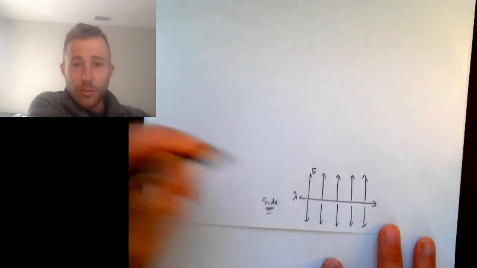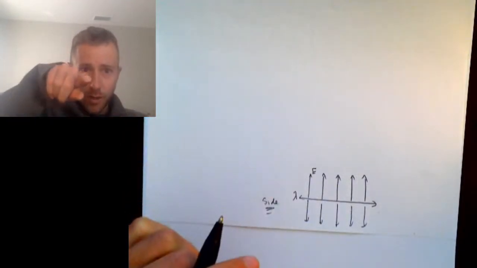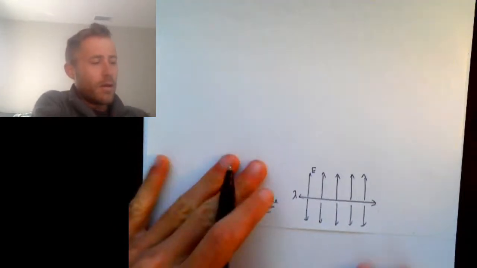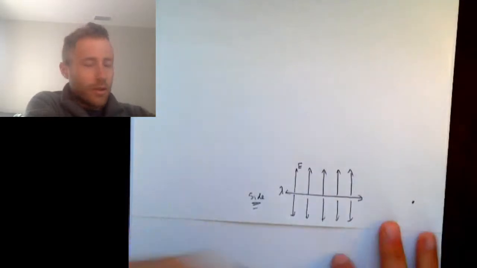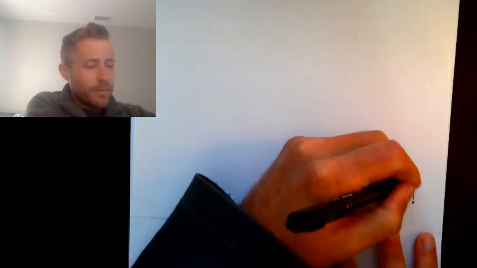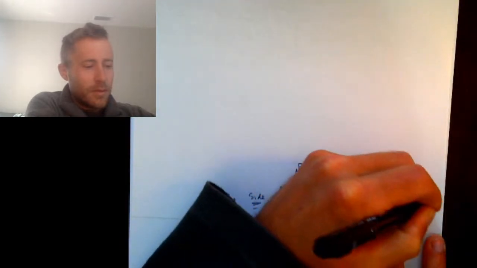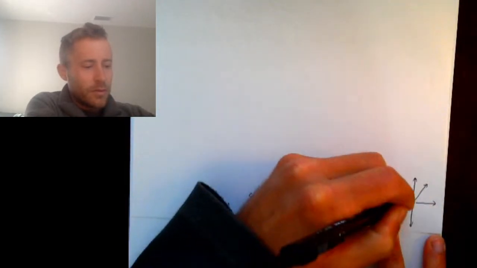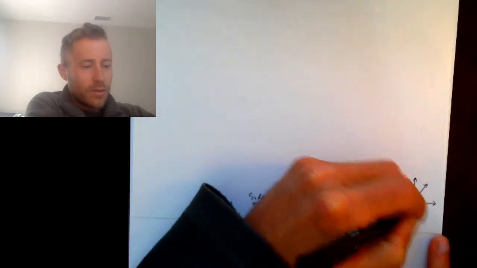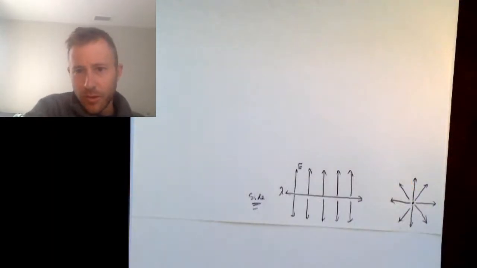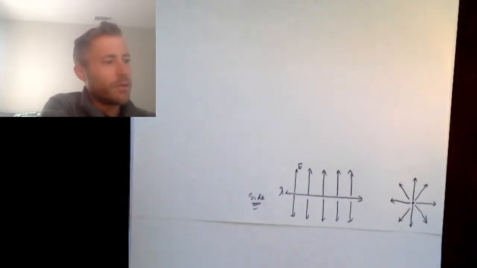If we wanted to do a front view so that the line of charge is pointed directly at you, the electric field lines are going to point like so. So that's what the electric field lines look like for this infinite line of charge.